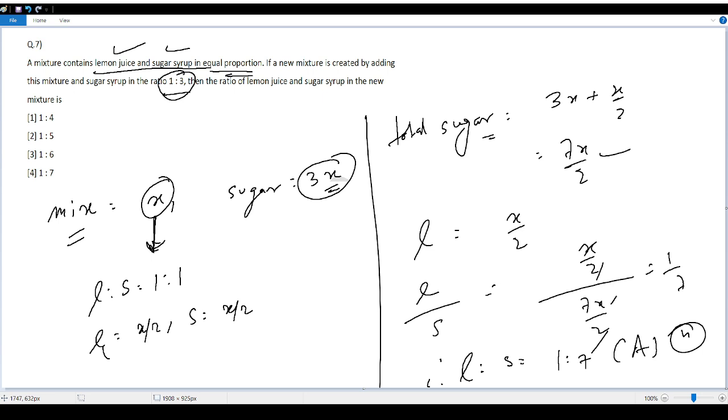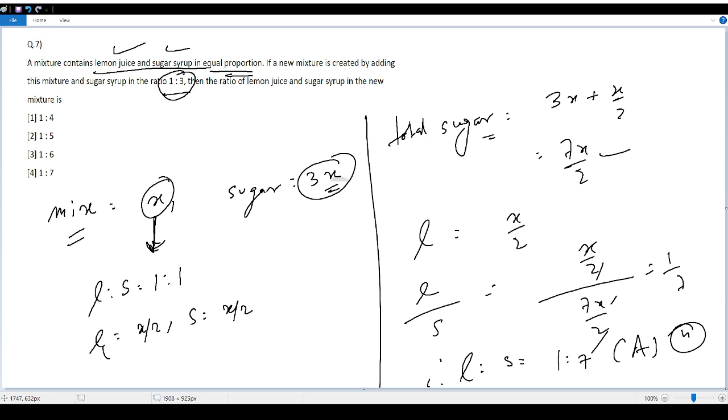Okay, so next Friday we will do one Venn diagram sum. I'm yet to do one past year sum, and we will start with ratio and proportions. Why? Because we are doing ratio and proportion based chapters only.